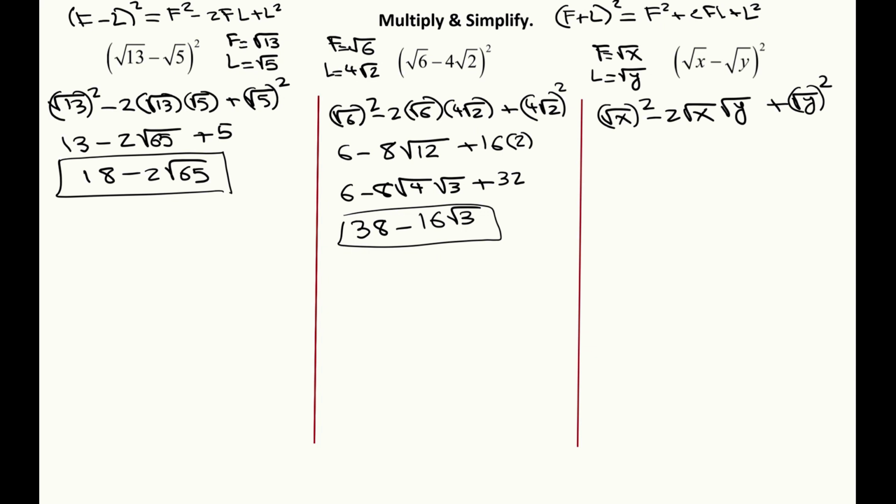So now we're just going to clean it up. So we have x minus 2 square root of xy plus y. And there's no more combining that's possible, so we are finished.